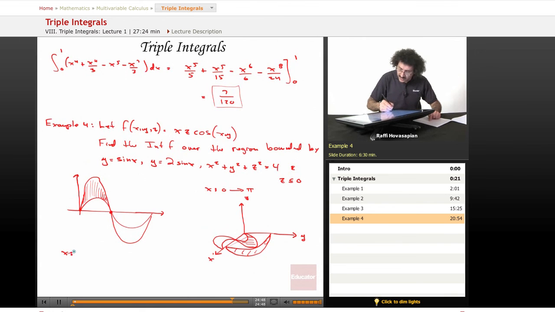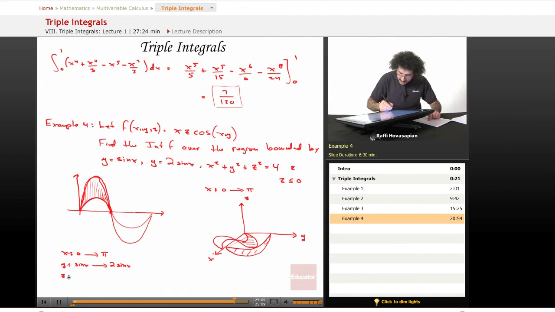So now let's go ahead and recall what's going where. x, we said, is moving from 0 all the way to pi. Well, y is moving from sine x to 2 sine x. That's lower and upper.